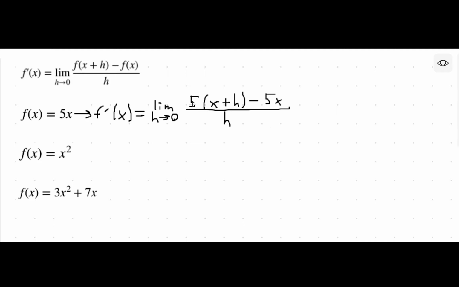We can distribute the 5 to the x and the h, so we're going to have 5x plus 5h, and then a minus 5x. The 5x and the minus 5x cancel out, so we just have 5h over h.